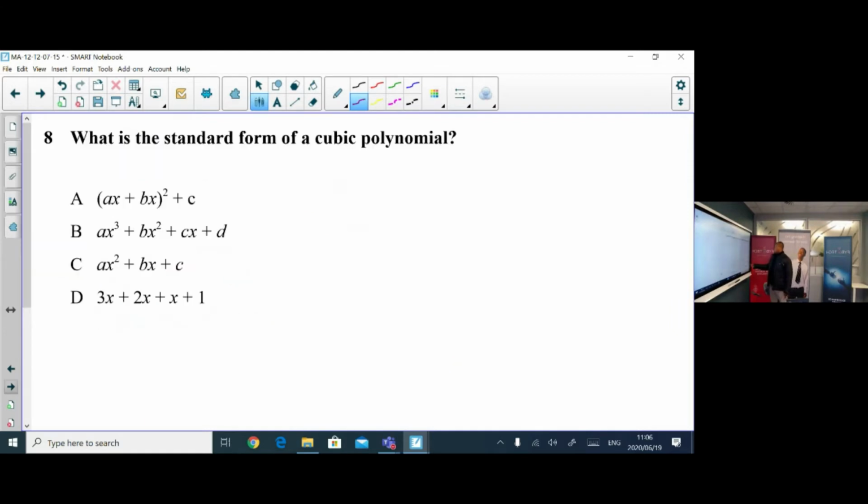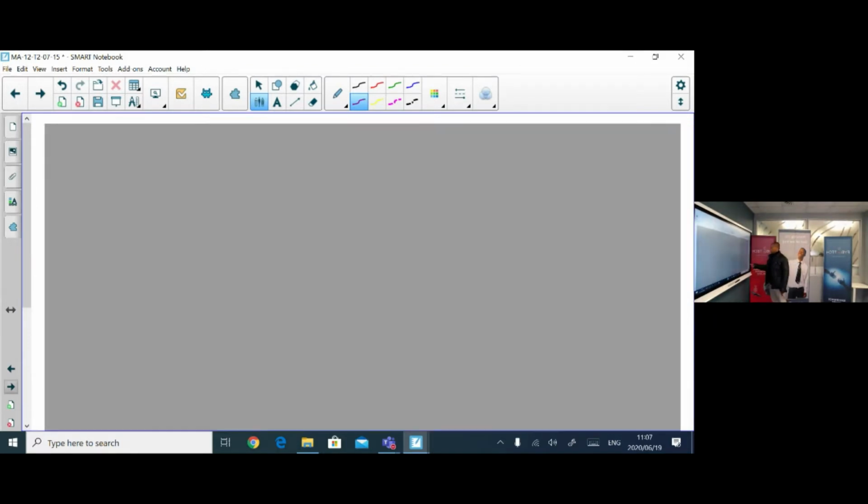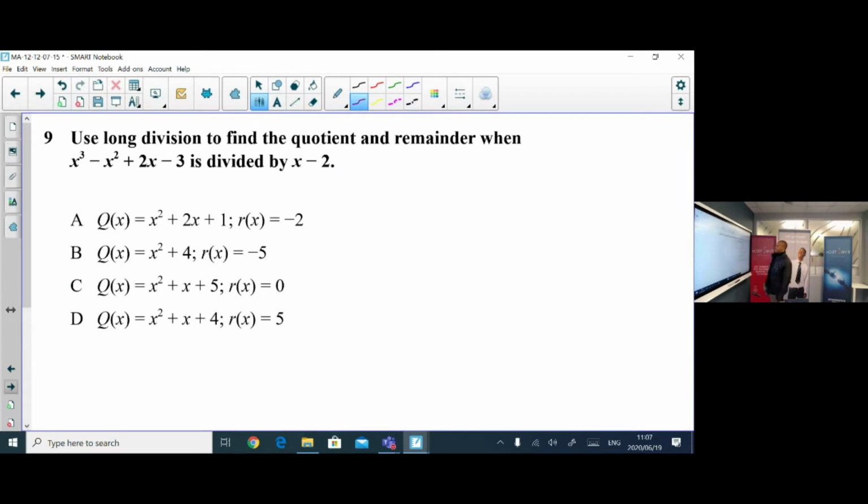We also started to look at a few questions. For example, we said, what is the standard form of a polynomial? And it is this one, because that's the only one with a key in the order of x. Okay. We also had an opportunity to do some online assessments on your device, and we are going to have a couple more of those when we continue.